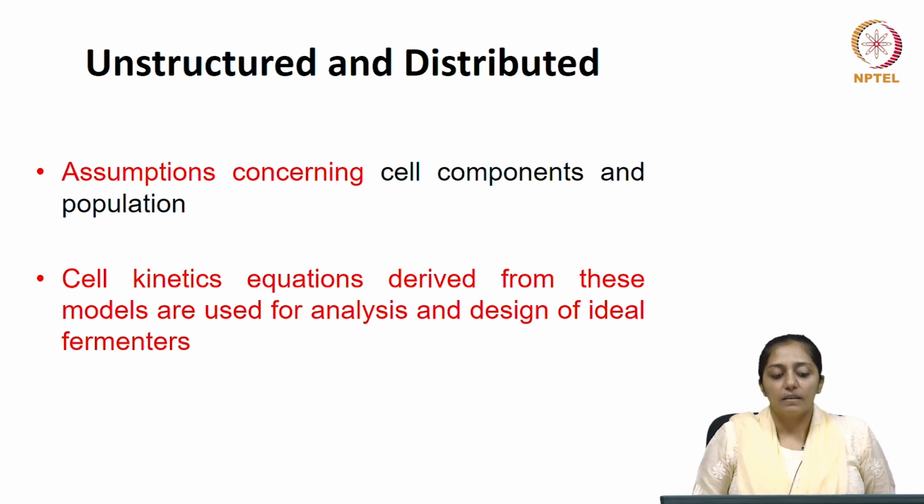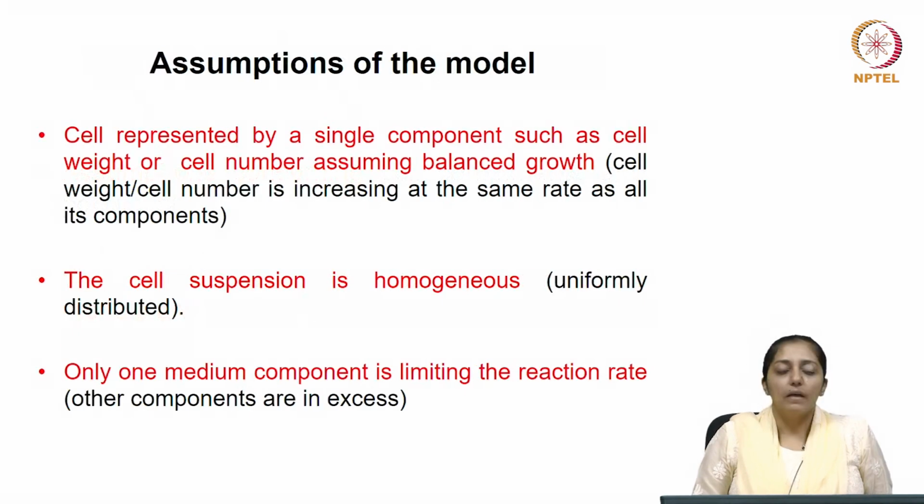It means that there are assumptions concerning cell components and the cell population. The cell kinetic equations derived from these models can then be used for analysis and design of ideal fermenters. Ideal means we are assuming it is all homogeneous environment, no mixing limitations.